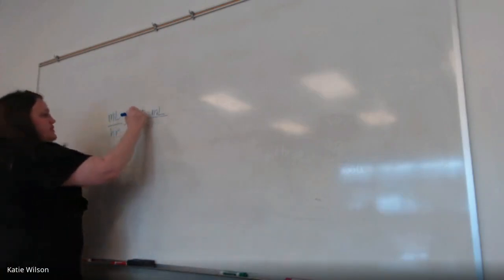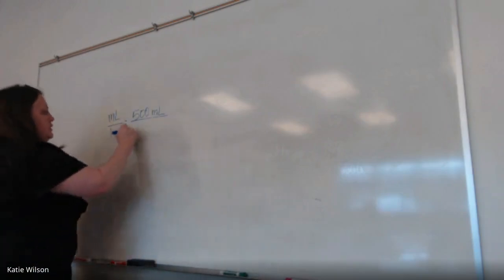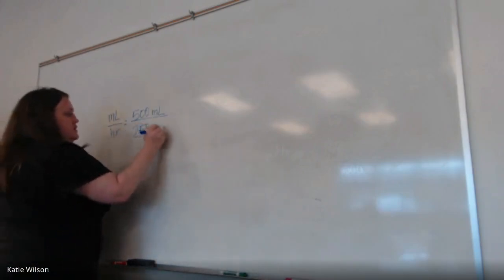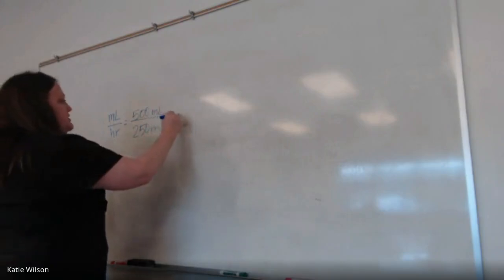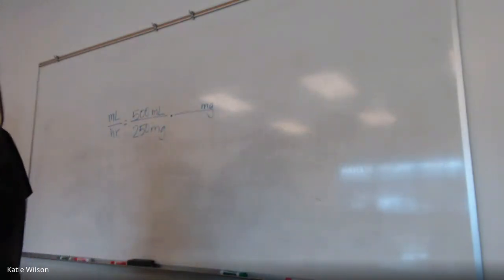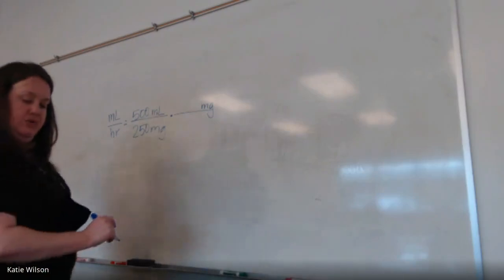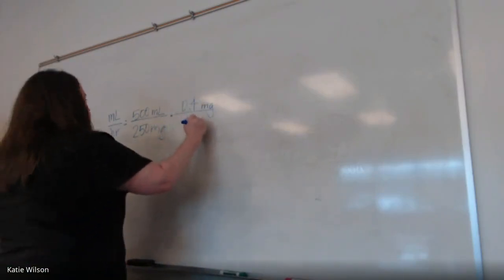We have 500 milliliters, and what's in that 500 milliliters? 250 milligrams. So I know I want to cancel out milligrams. It's going to be on top next. What does the problem tell us about milligrams? They've ordered it, the doctor ordered it to be infused at 0.4 milligrams for 1 minute.